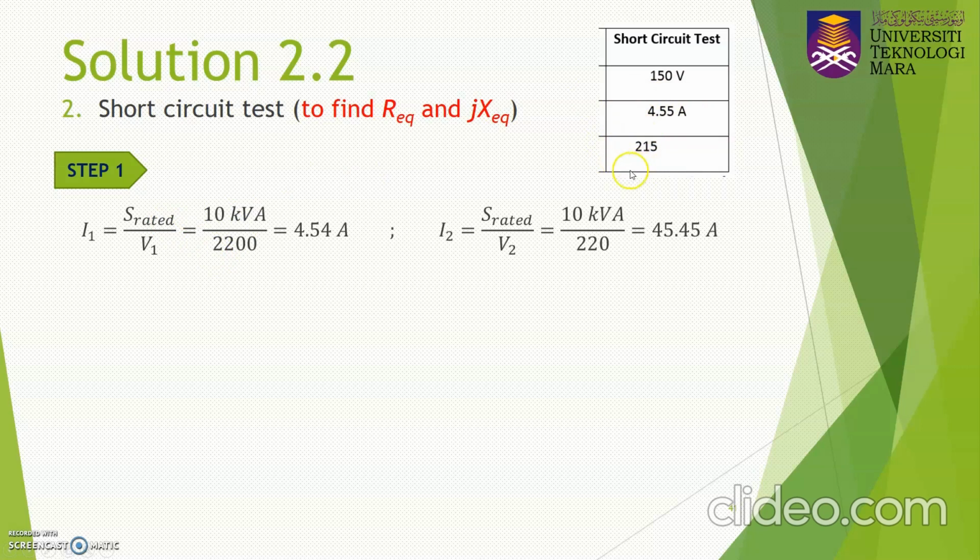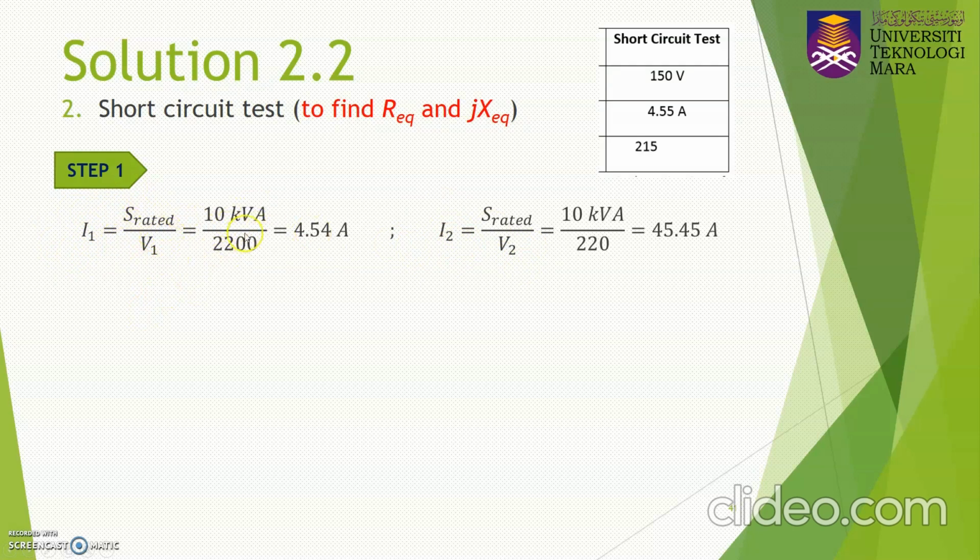First of all, because the question doesn't give the value of I1 and also I2, we need to calculate based on the formula. The question gives you the value of V1 and also V2, and then you can find the value of I1 and also I2. Okay, I1 will be equal to S rated divided by V1. So in this case, S rated is 10 kVA divided by V1.